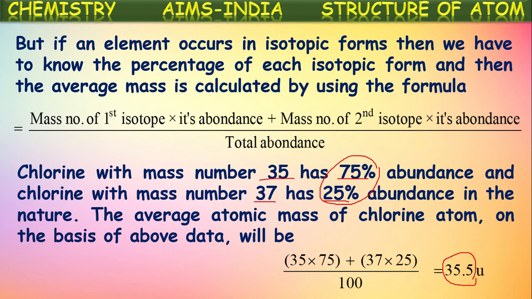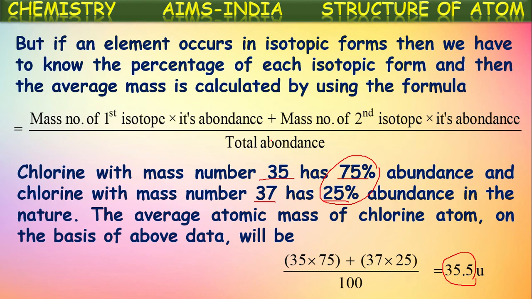You may get one more doubt also. Even hydrogen has three isotopes, but its atomic weight is considered as only 1. It is not a fractional number. Why? Because for hydrogen, the abundance of the remaining two isotopes is not a considerable amount. They exist in very rare quantity.